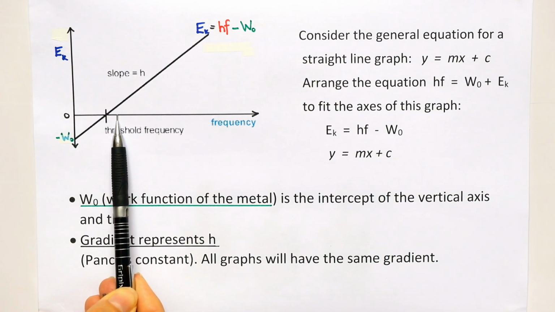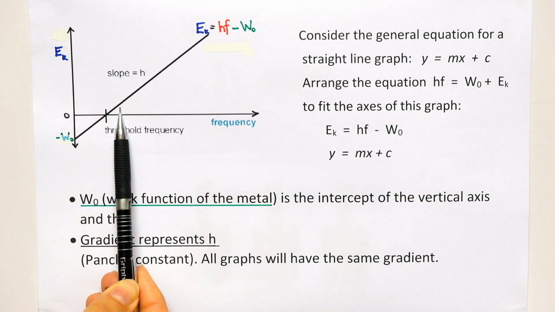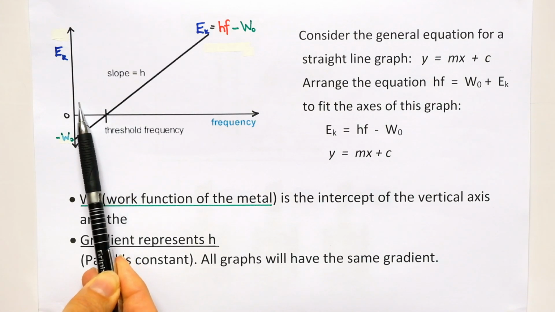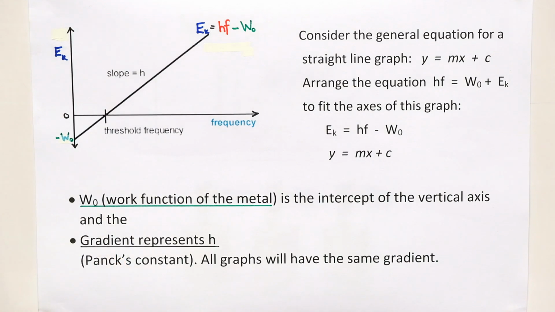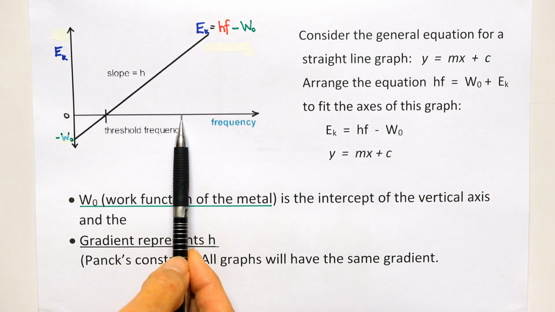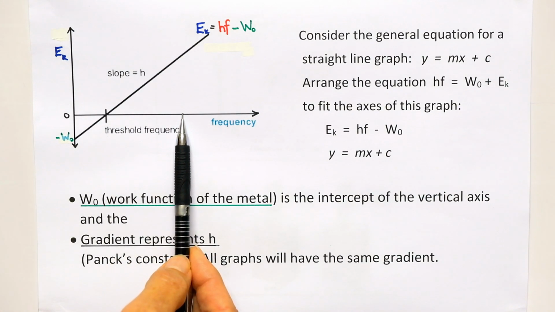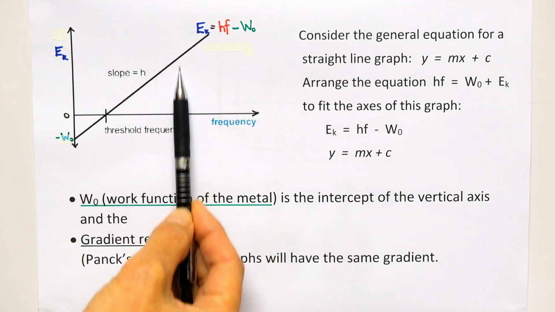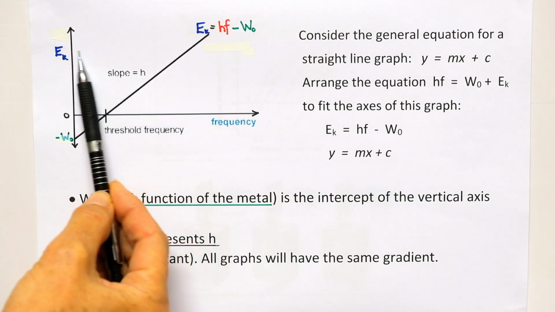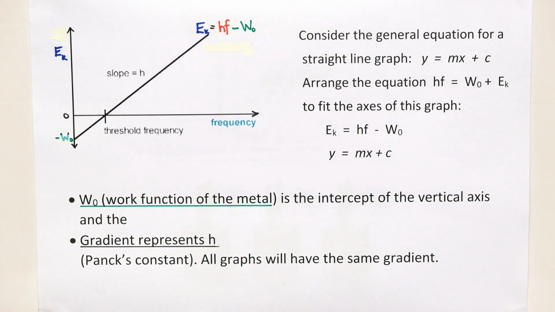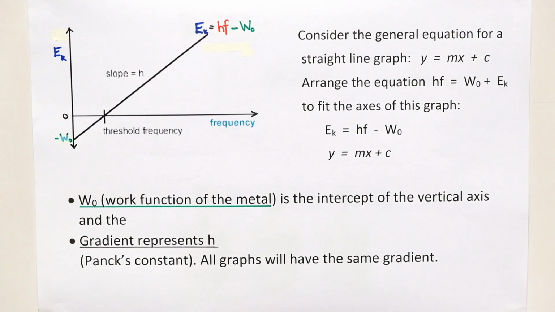If I choose a frequency slightly higher than the threshold frequency, say for example a frequency over here, you would take that frequency, draw your dotted line up to your graph, draw it across, and then you could read off what the kinetic energy of that electron would be as it leaves the metal. The higher the frequency of the incident light, as long as it's above the threshold frequency, the higher kinetic energy your electron will have as it leaves the metal.